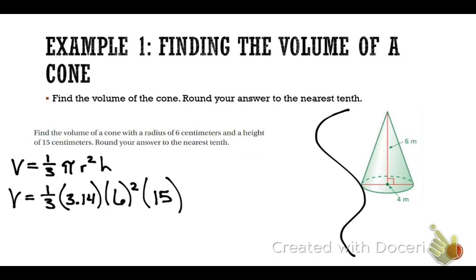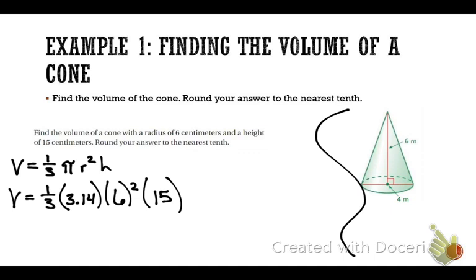And what do you get right now? Okay? Guess what? If this was a cylinder, that would be your answer. But now we have to go one more step, and we need to take that number and divide it by 3. Go ahead and divide it by 3.